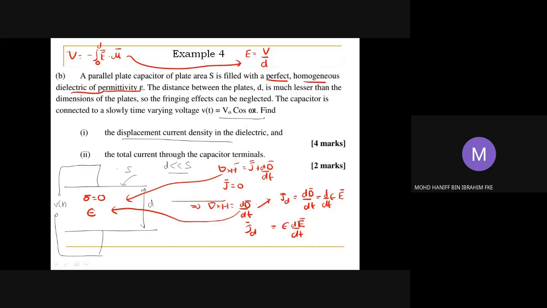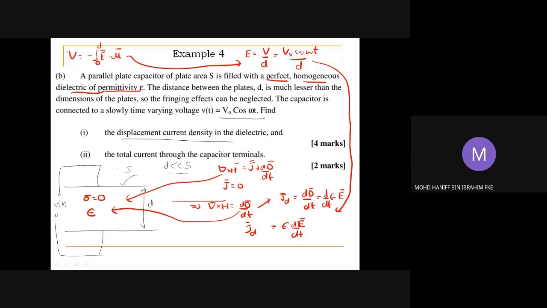That is the relationship between E, V, and the distance between the plates. Given V is V naught cos omega t, we have E equals V naught cosine omega t divided by d. So we have successfully obtained the E field in terms of V and the distance d between the plates.